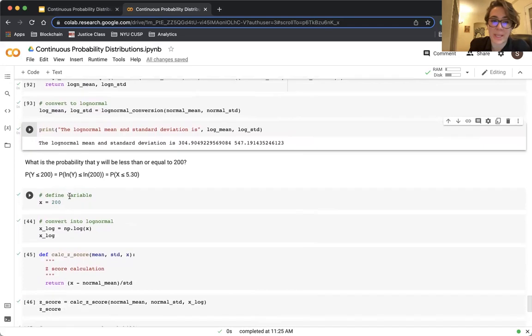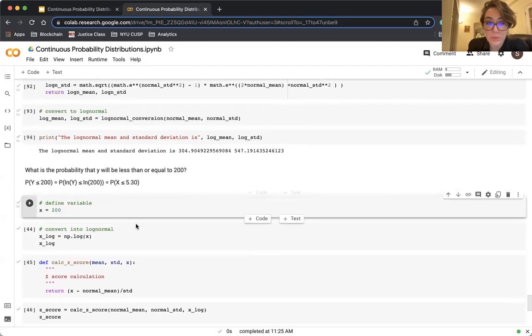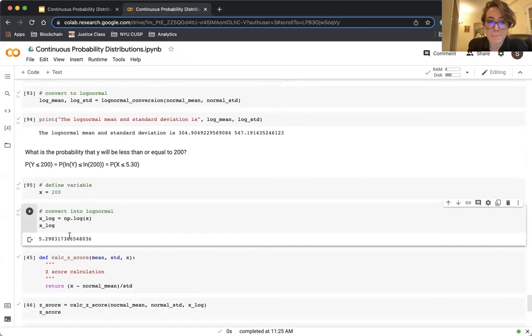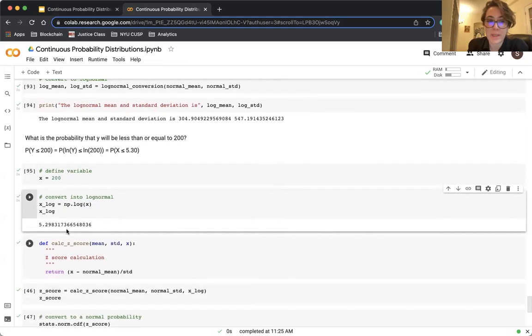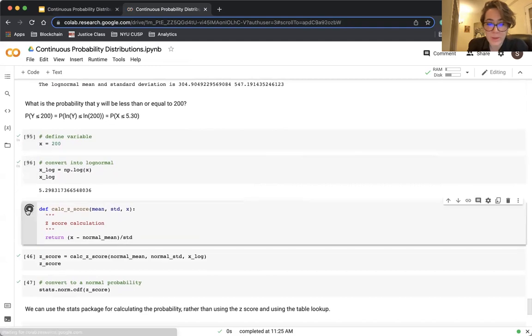So if we wanted to calculate the probability that Y will be less than or equal to $200, we would define that variable. We would convert that to being log using just numpy.log to convert 200 into a log normal version. And now because of that, we can use our z-score formula, which is just a function that takes that z-score.